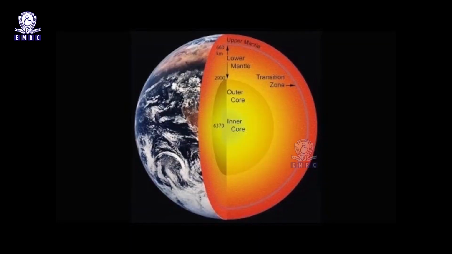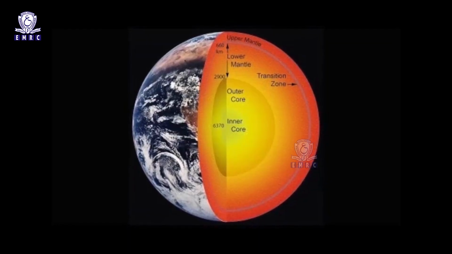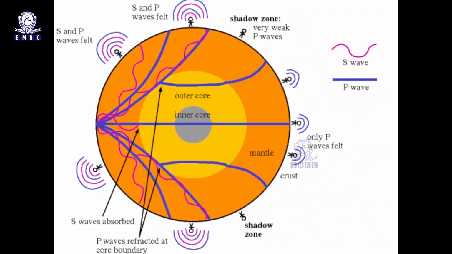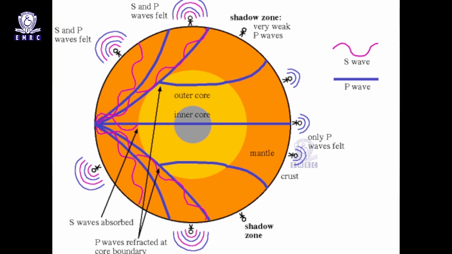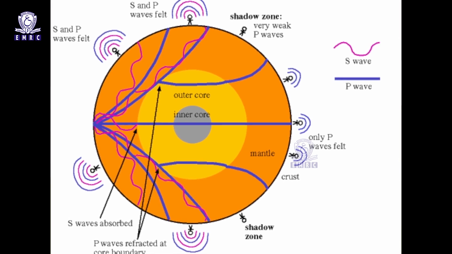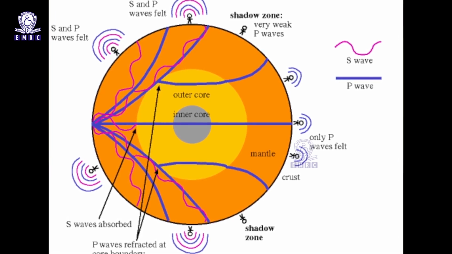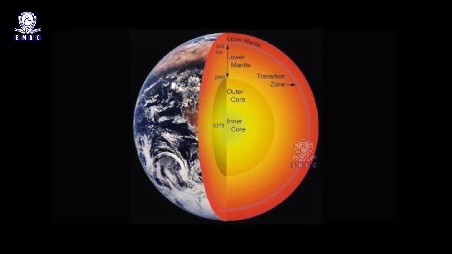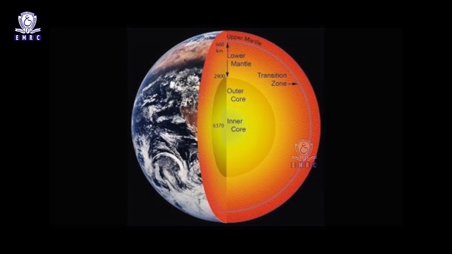The scientific study and the analysis of various aspects of seismic waves have enabled the scientists to unravel the mystery of the earth's interior. Based on the changes in the velocity of seismic waves while passing through the interior, the earth consists of three layers, which are as follows.